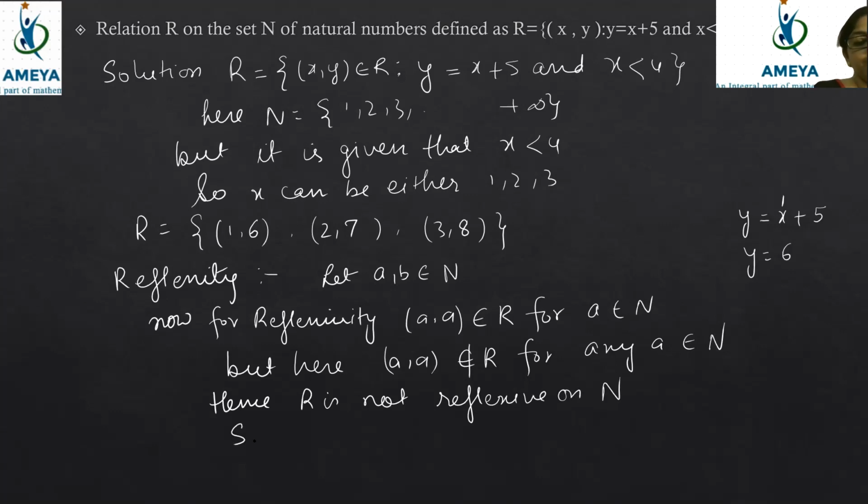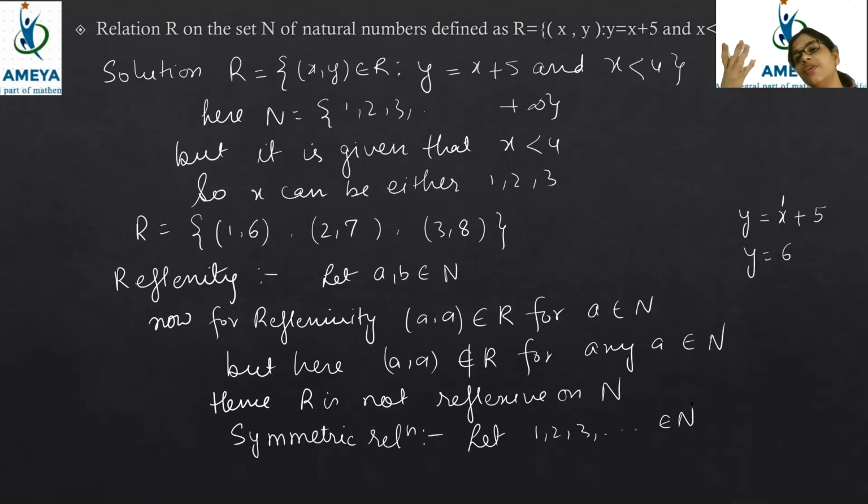Okay, next, symmetry. For the symmetric relation, what do you have to write? For reflexivity I wrote the earlier condition. For the symmetric relation, you are going to write: let (a, b) belong to R. So here let 1, 2, 3, 4 be in the set of natural numbers. It is totally up to you how you represent it. Either you can represent it by variables, or you can take elements of natural numbers and directly prove it.